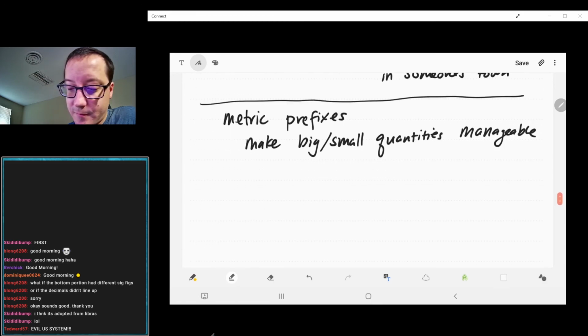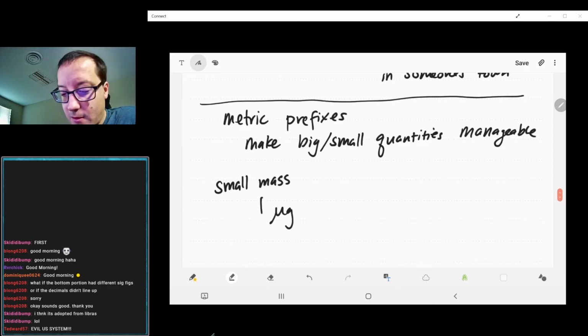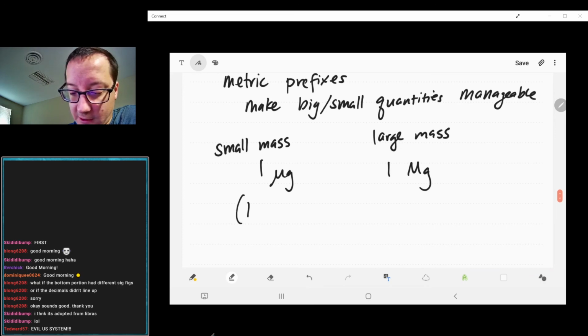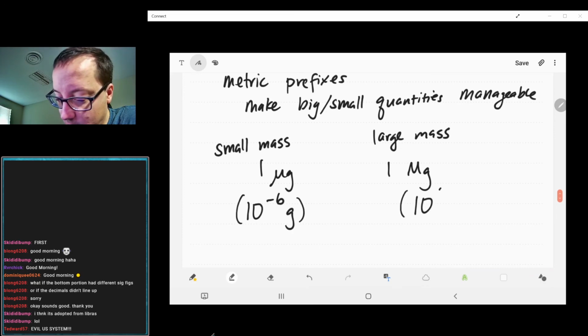So, for example, something really small, you might say it's a microgram. Or a large mass, you might say it's a megagram, or a metric ton. Technically, this would be 10 to the minus 6 grams, and this would be 10 to the positive 6 grams.